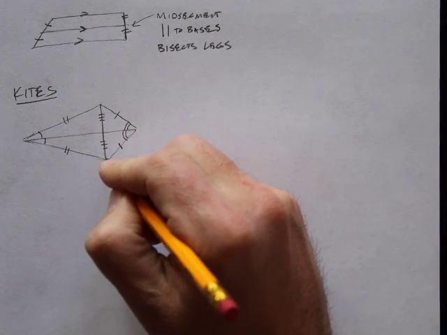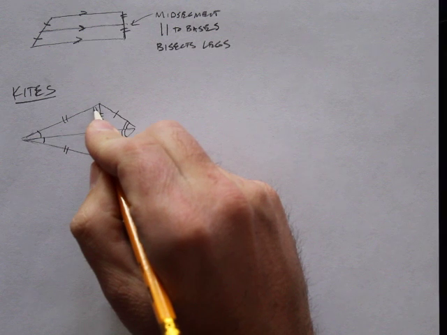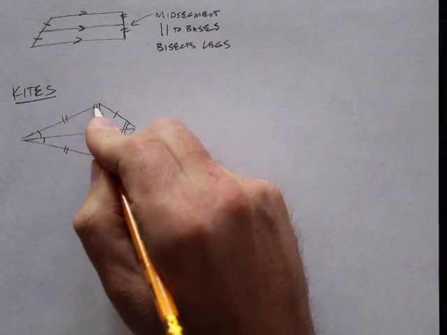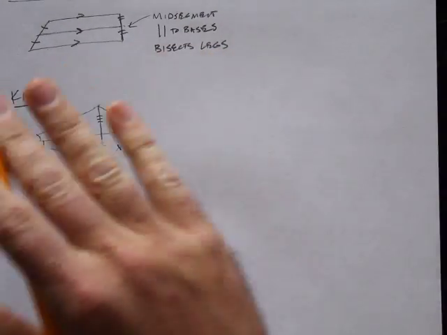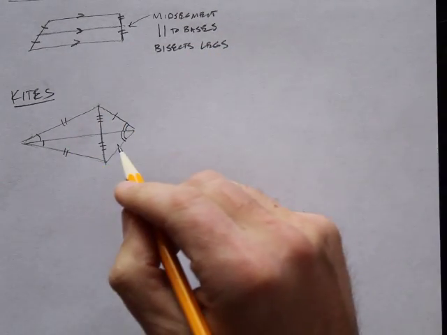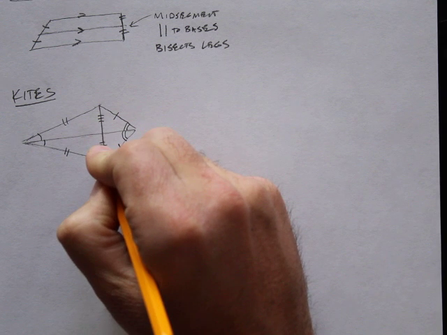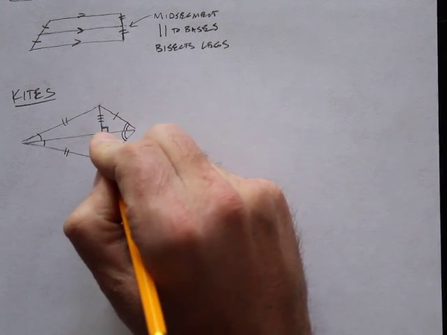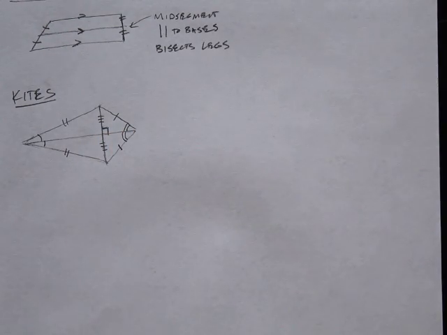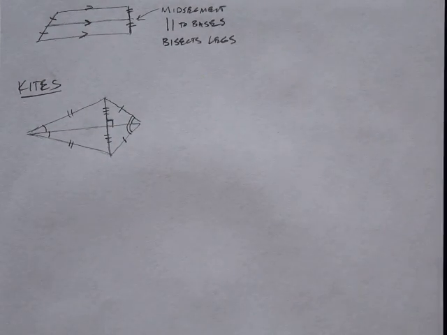This diagonal bisects this angle. Oh no, it doesn't. Sorry. Nope, I didn't. The last thing we're going to say here is that this diagonal and this diagonal are perpendicular to one another.